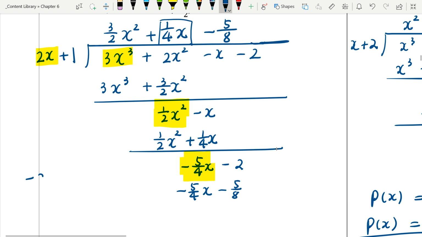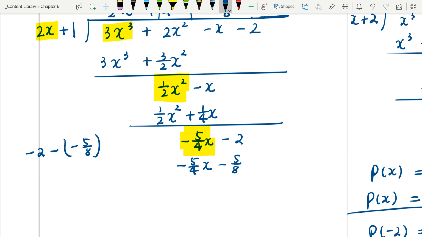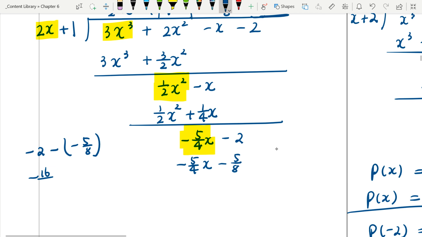Okay, think about what's minus 2 minus 5 over 8. If you can't really see it, just write it down. That's minus 13 over 8, right? Plus 5 over 8. What's that? Negative 11 over 8. No, that's my remainder. Minus 11 over 8.